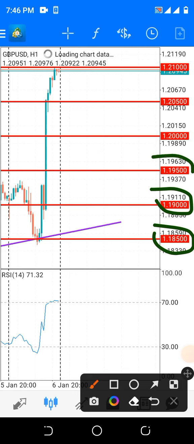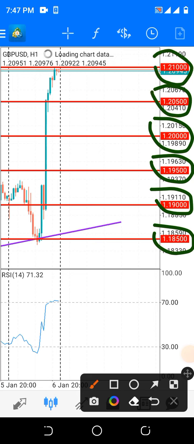Now the next is 1.19500, followed by 1.2000, followed by 1.20500, followed by 1.21000. So this is how to draw the psychological level of GBP USDT.